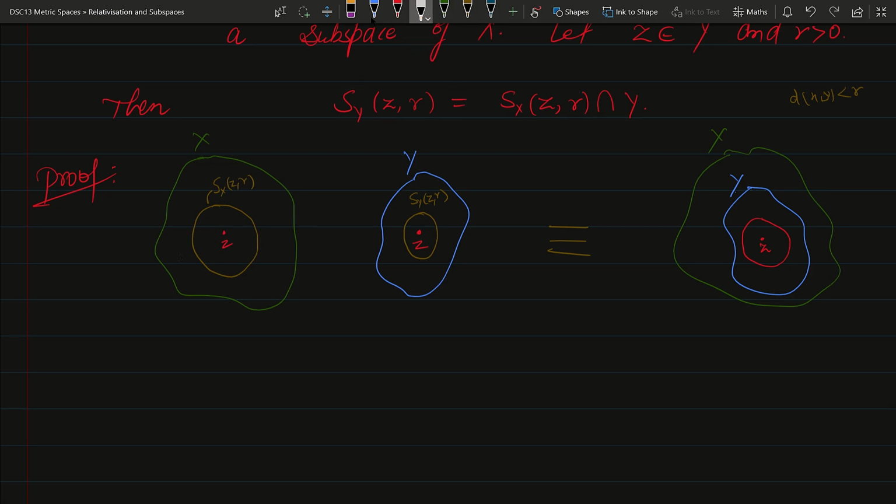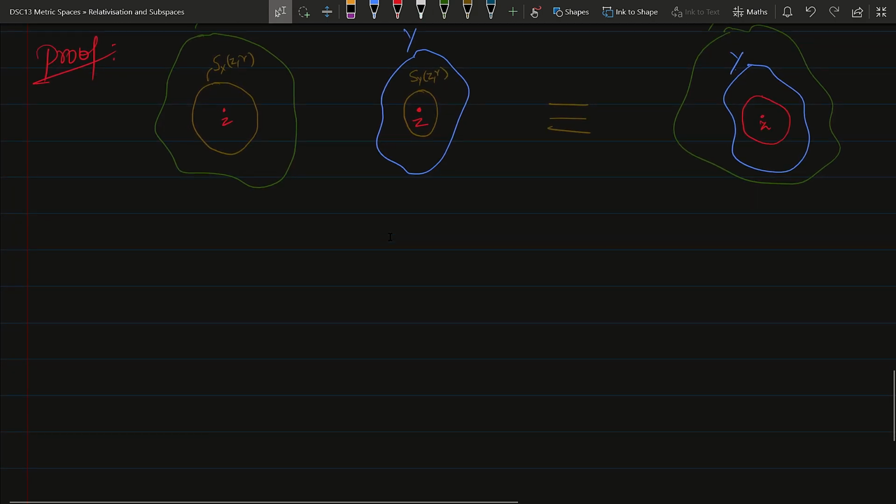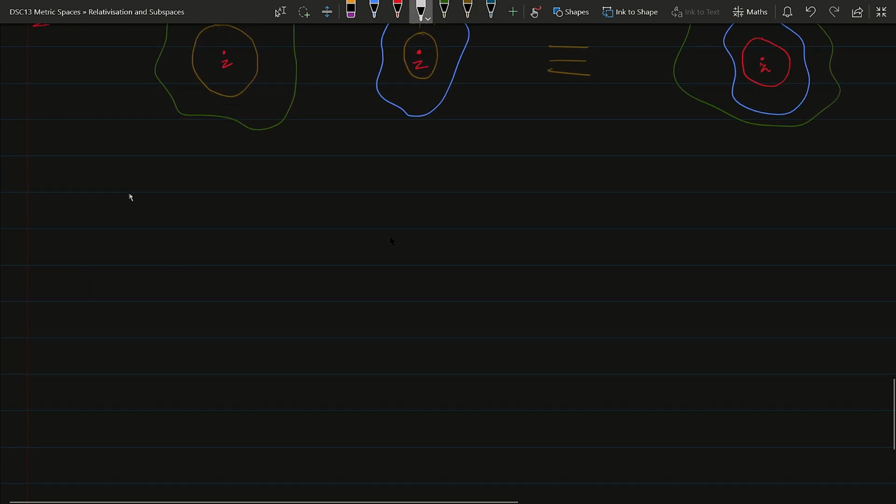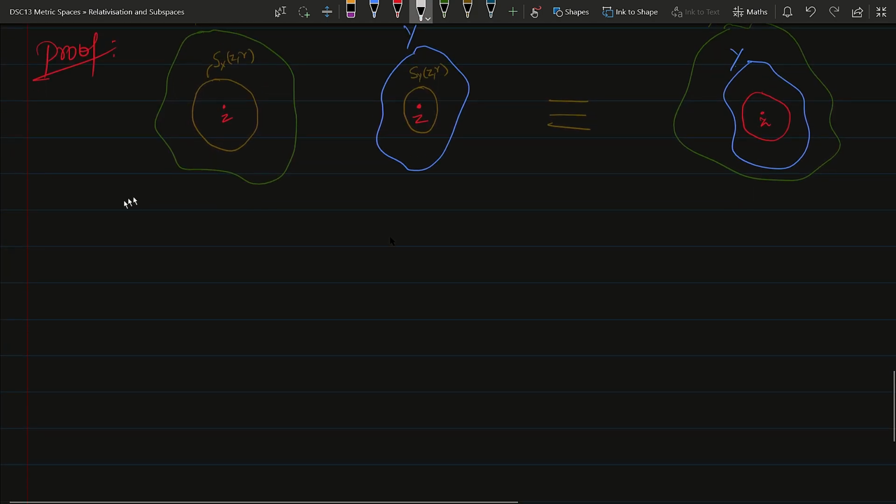Now we are able to write the proof. So we have that, just look at these diagrams. So we have that whenever you want to identify S x, center at z, r, intersection with y. So you can see we are considering this ball, this is in x.